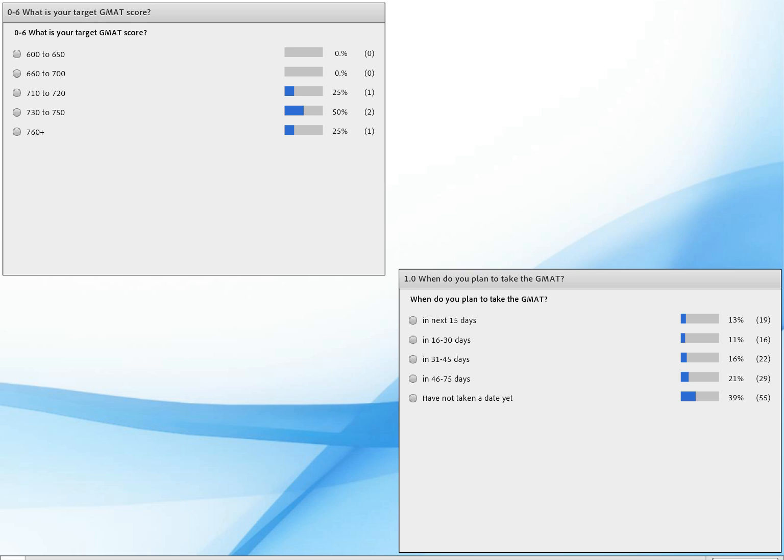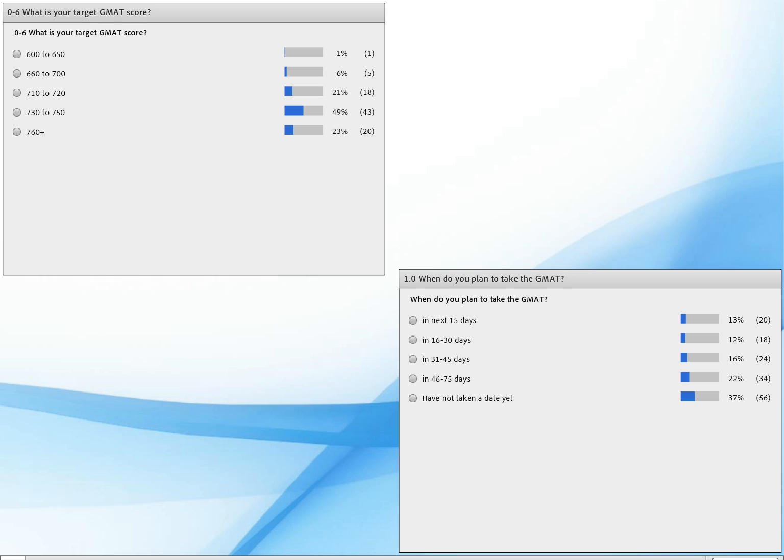With regards to when people plan to take the test, I see about 61% of you have more than 46 days before you take the test, and then around 40% of you are in that 15 to 45 day bracket. In fact, about 21 of you are in that next 15-day bracket.